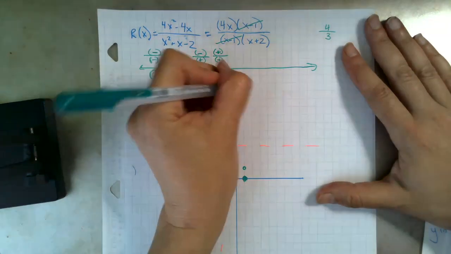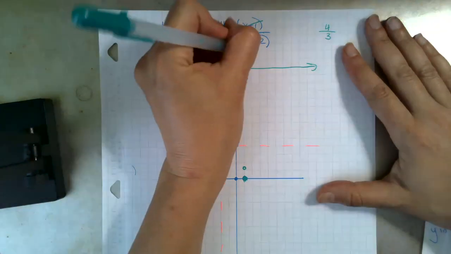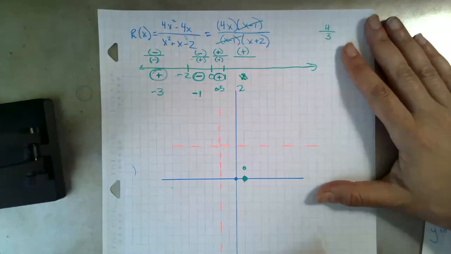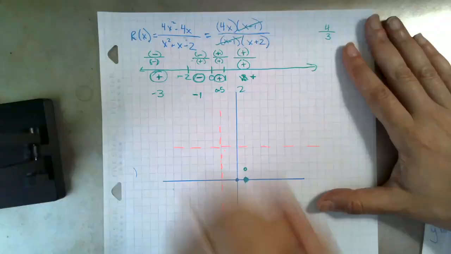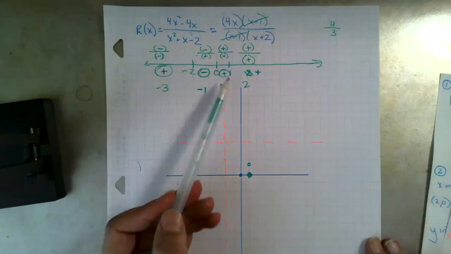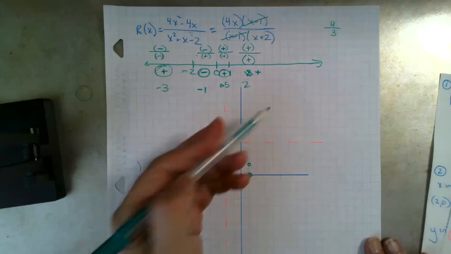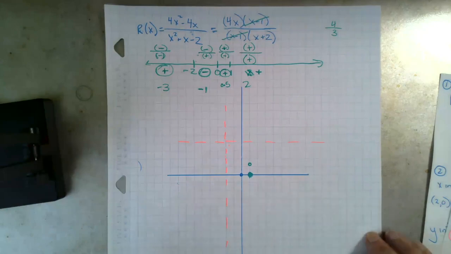Whoops, sorry, 2 down there. 2 times 4, that's a positive on top. 2 plus 2, that's a positive there. That means in this range, we will also have a positive. And that makes sense because this is on either side of a hole. So we should be just continuing the same trajectory. We just have a hole there.